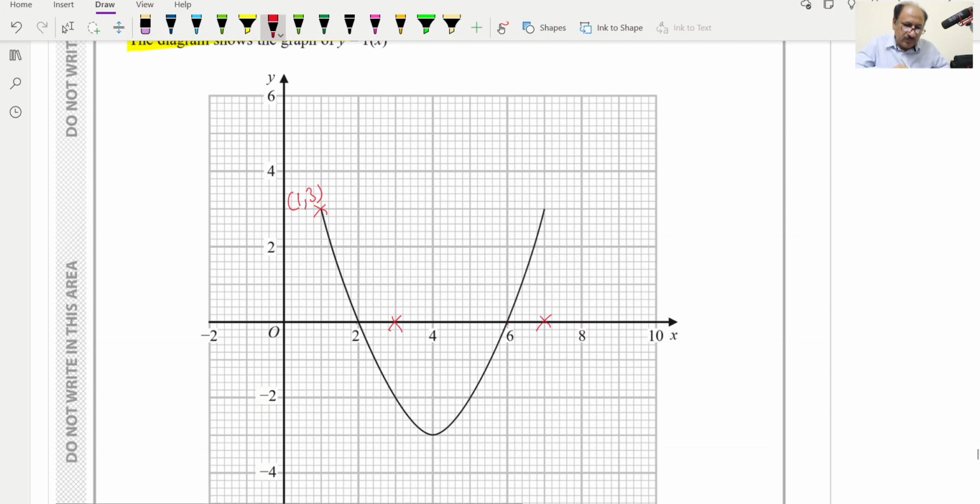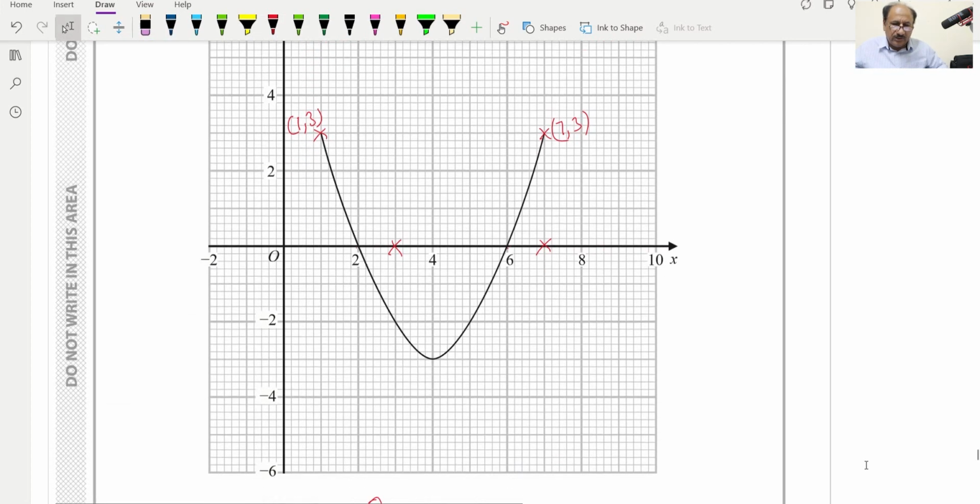So 2 and 6 will be this point, and similarly this is 7 and 3. The y-value we will be multiplying, and 7 we will be shifting 1 unit to the right. So it will be 8 over here, and 3 will be changing to 6. So we will get 8 and 6, and this will be the 2 and 6 coordinates.